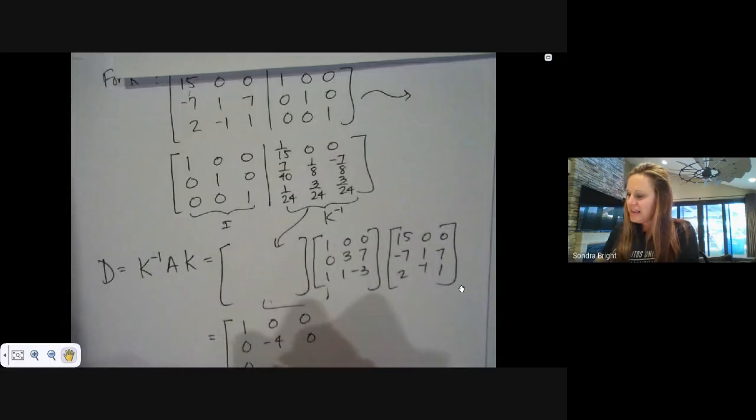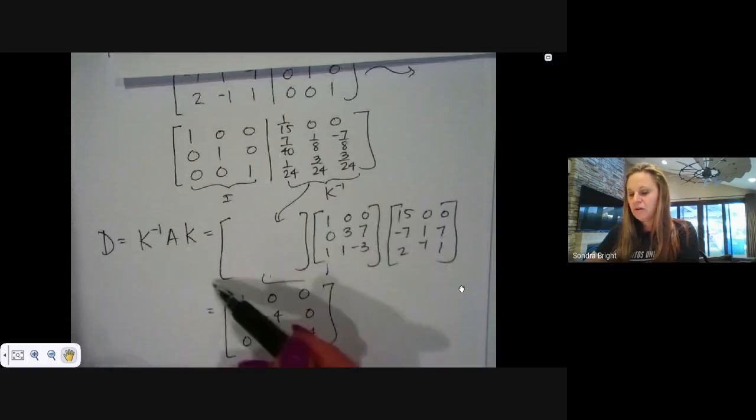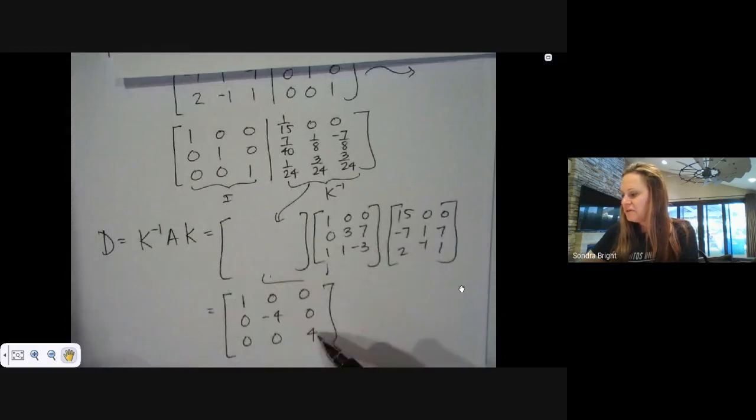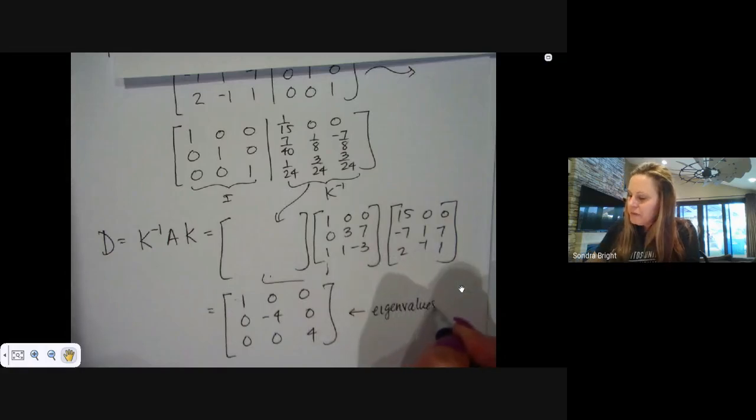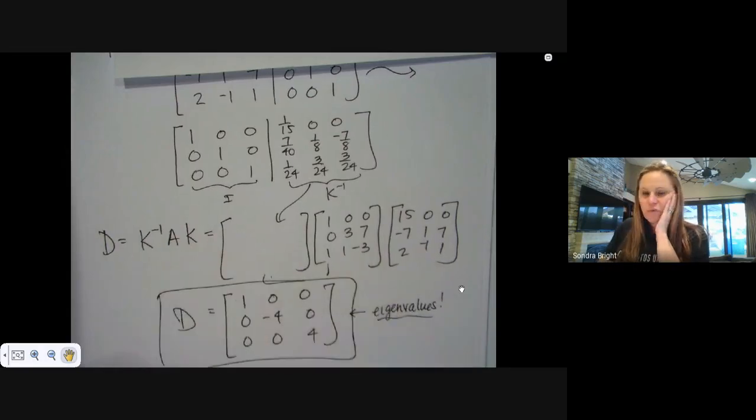Do you see it is a diagonal matrix where along your diagonal are all of your eigenvalues. So that's your D. Now, am I going to have you do this the long way?